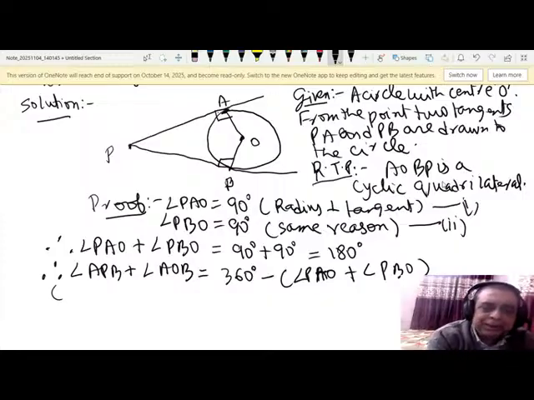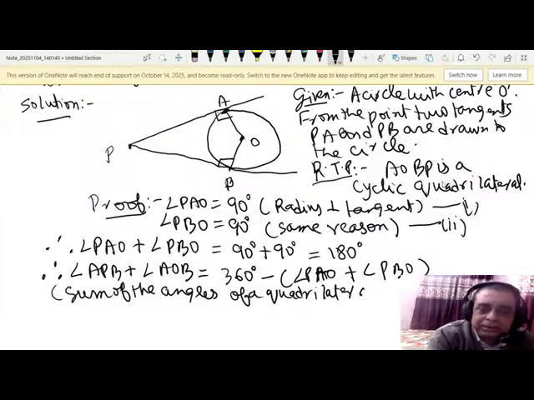Without reasoning, it will not be accepted. Marks will be deducted. It is because the sum of the angles of a quadrilateral together is equal to 360 degrees.